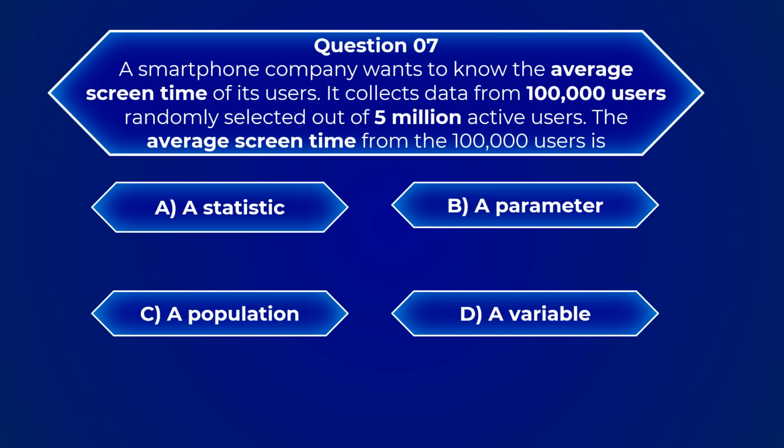Question 7. A smartphone company wants to know the average screen time of its users. It collects data from 100,000 users randomly selected out of 5 million active users. The average screen time from the 100,000 users is the answer A, statistic, the answer B, a parameter, the answer C, a population, the answer D, a variable.